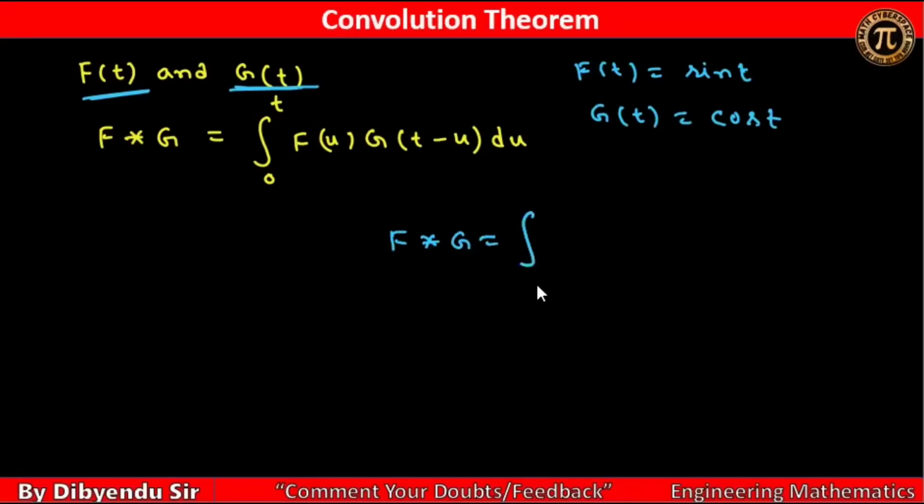That will be integration 0 to t of sin u times cos(t minus u), with the integration with respect to u. So this is the convolution operator. If you integrate this integration, you will get the result. This is the concept of convolution.